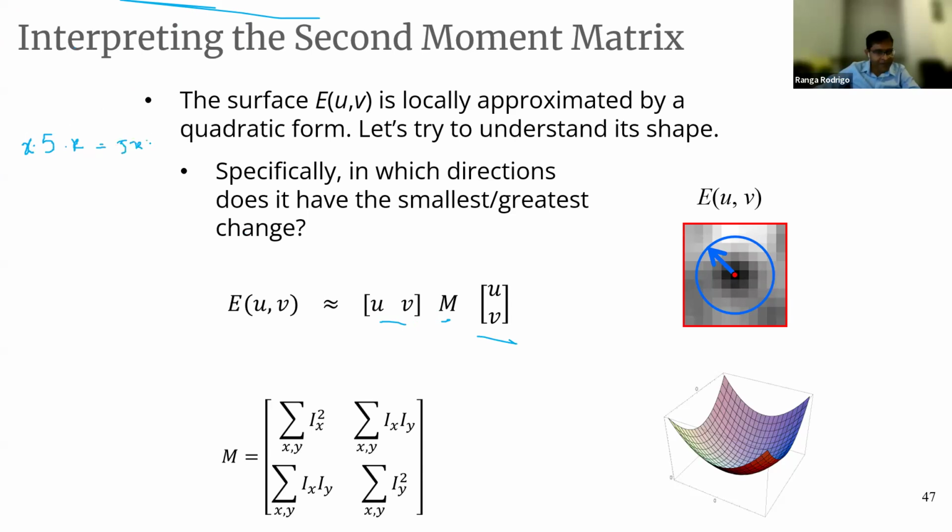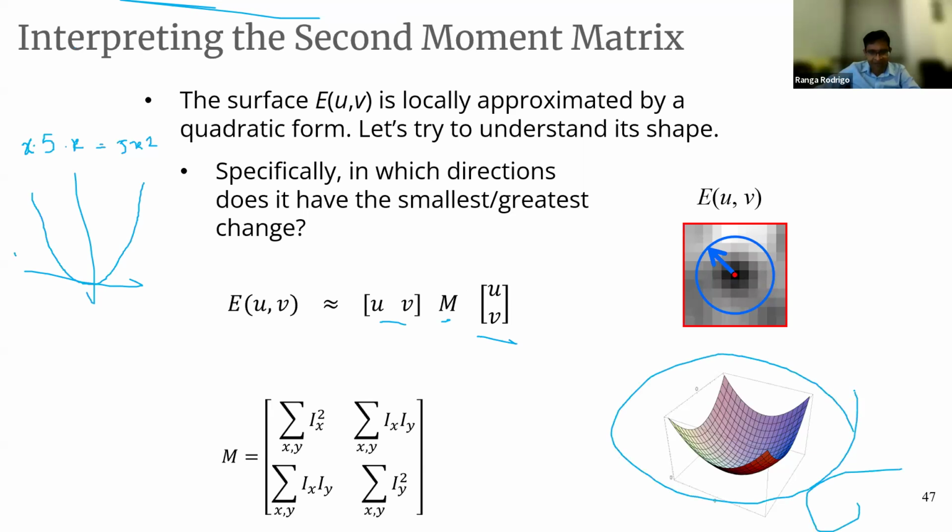In 1D, this is 5x squared. What is the graph of 5x squared? You all know the graph of 5x squared is a parabola, like that. So in 2D, it looks like a coconut shell, a bowl. That's the graph. So that will have a well-defined minimum, because this is a second order, quadratic expression in 2D. It has a well-defined minimum. So that is what you see here, that minimum.